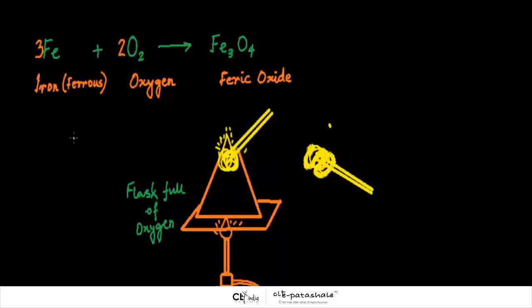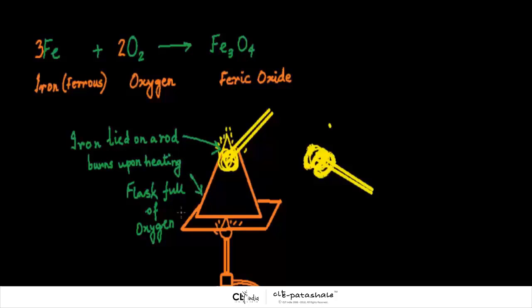In this diagram, you can see that iron tied on a rod, when put into a flask full of oxygen, burns upon heating. From this experiment, you can find out that ferric oxide forms after burning.